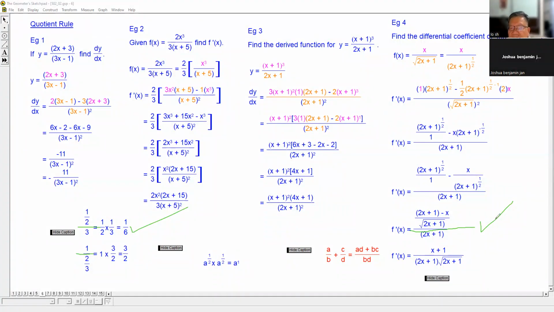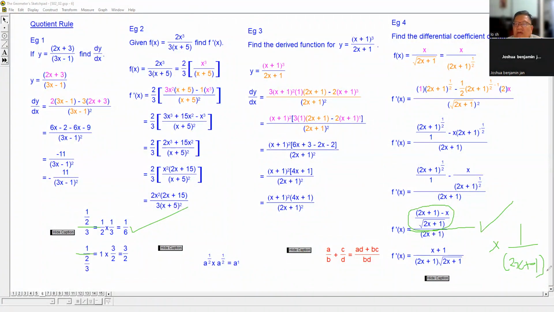So it is this thing multiplied with this one. The bottom one is terbalik, 1 over 2x plus 1. That's how you get the 2x plus 1, because this is the bottom one.